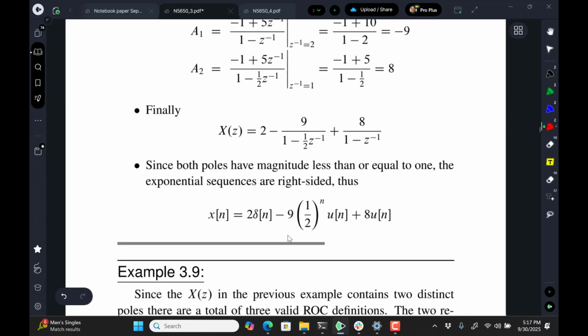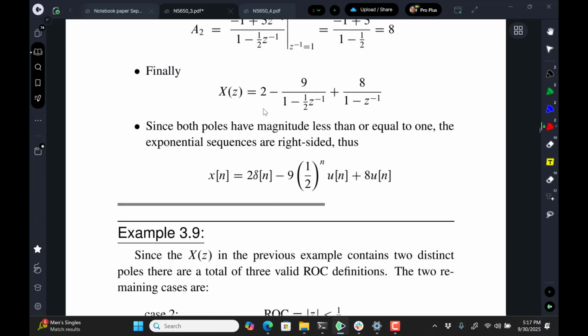So down below here, we get the inverse Z transform of constant 2 is just 2 delta of n, and then minus 9 times 1/2 to the n, and then plus 8 times 1 to the n, which is just 1 times u of n. So pretty much a done deal there.